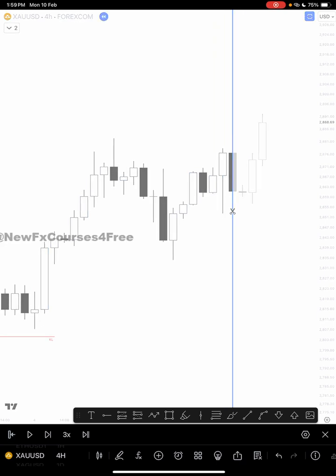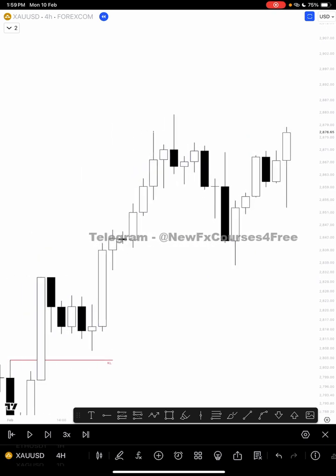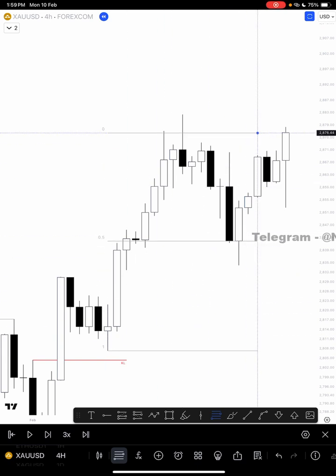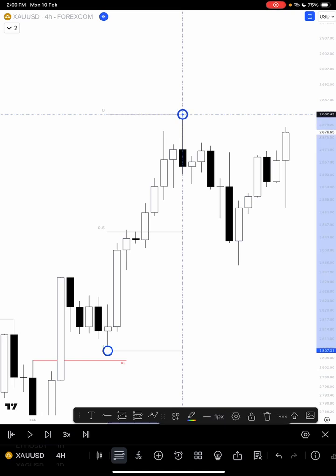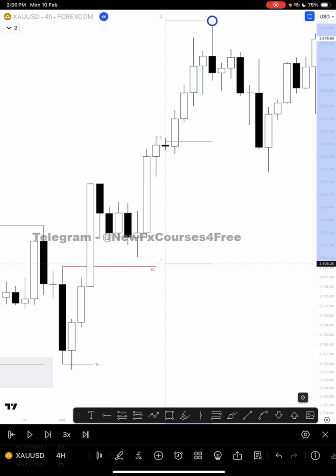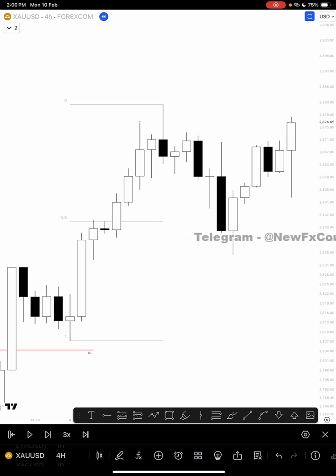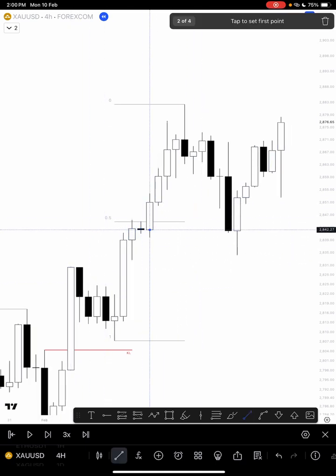Let's stop this here. So measuring this from the low to the high, measuring from this low to the high. This is actually your discount region in price.